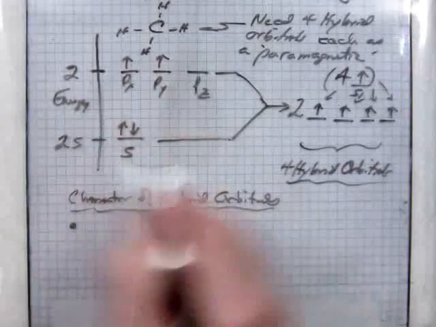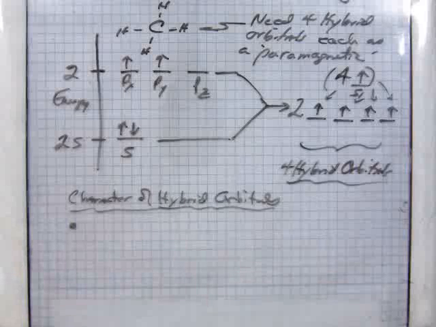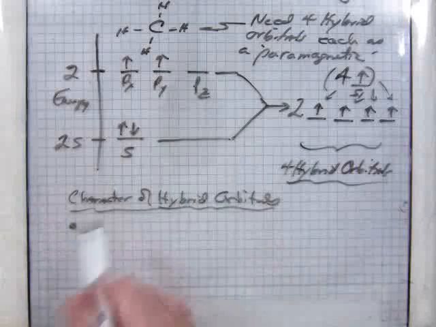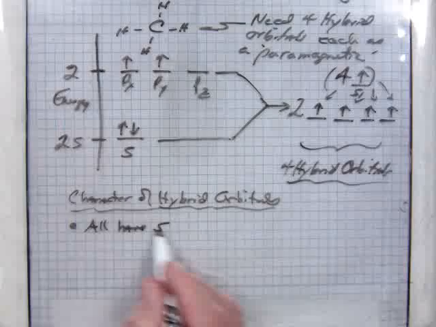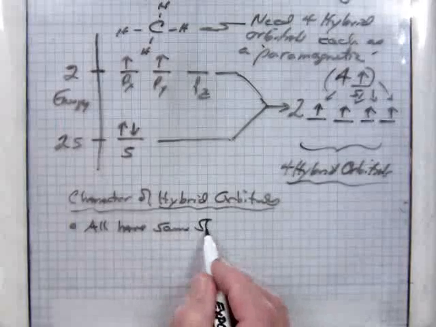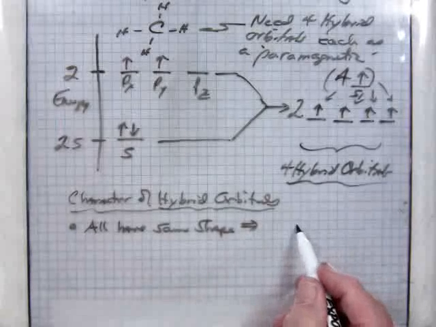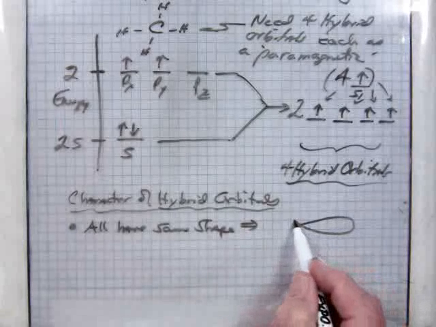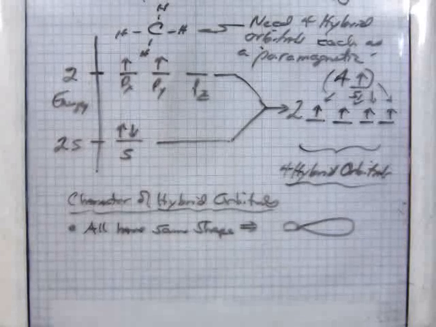Now, we need to talk more about what is the specific nature and character of hybrid orbitals. So when we blend everything together and pour them out on the table in 4 equal stacks, the first thing you should notice is they all have the same shape. And that is, it's a kind of asymmetrical figure 8. That is a hybrid orbital.